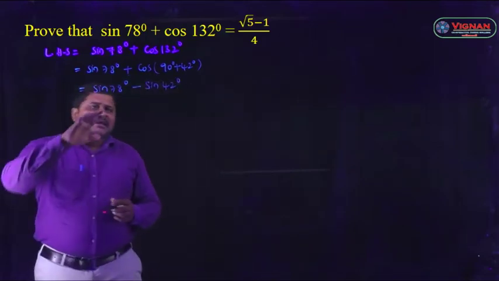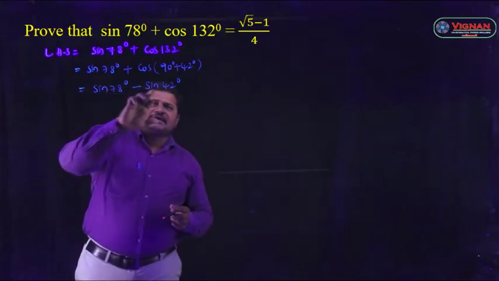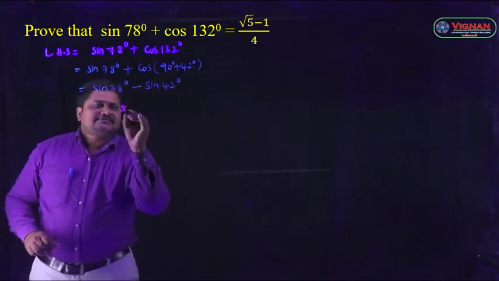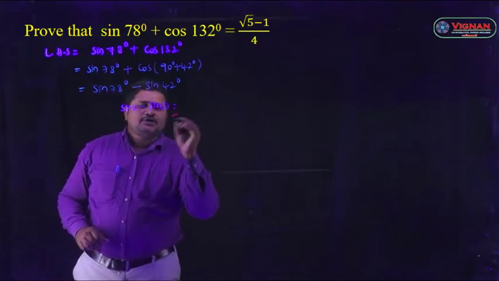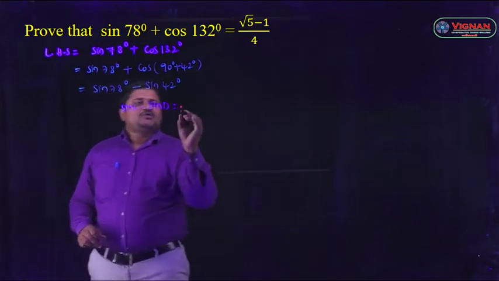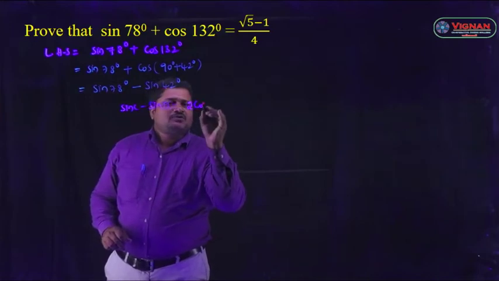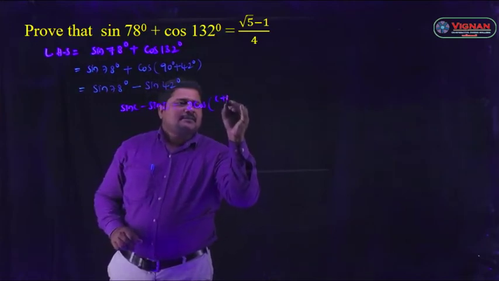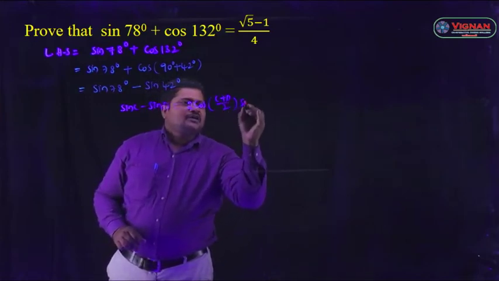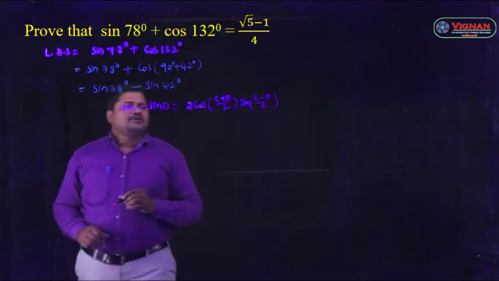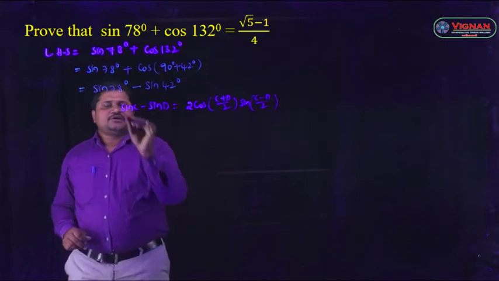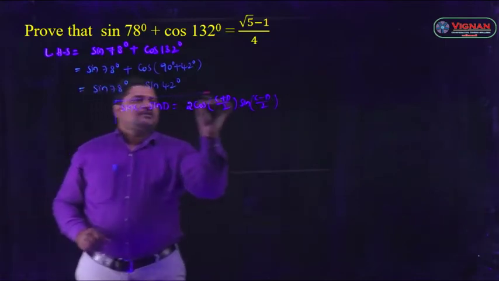Here we can apply the formula sin c minus sin d. We know sin c minus sin d is equal to 2 cos of c plus d by 2 sin of c minus d by 2. This is the formula.